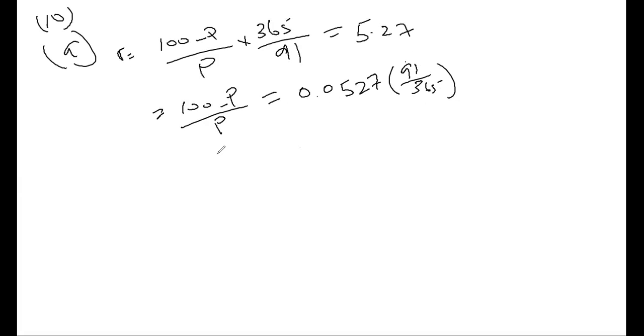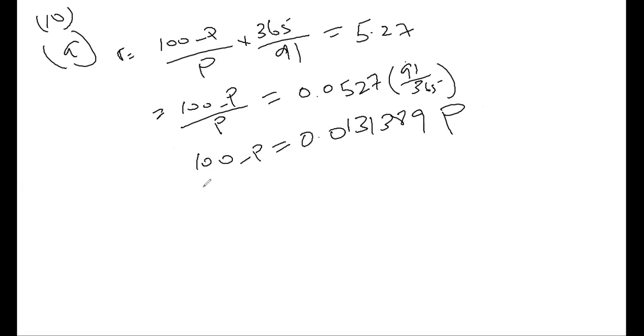So we can work this out, and you get 100 minus P is equal to, if we do 91 divided by 365 and then multiply that by 0.0527, we get 0.01314 P. Take the P from the bottom and bring it up, right? So that's P. You agree?